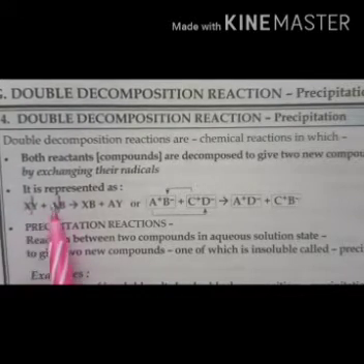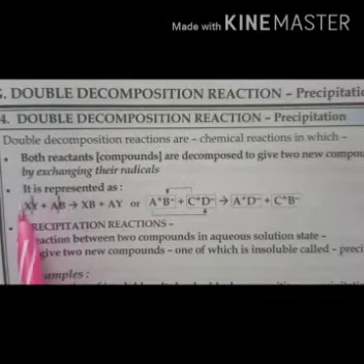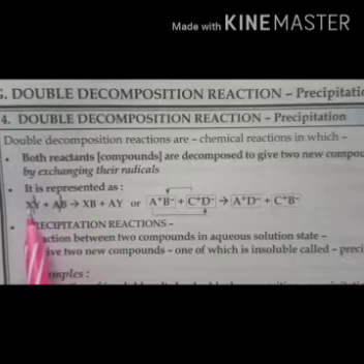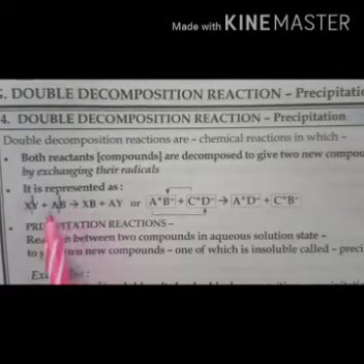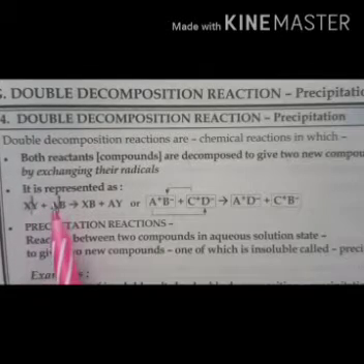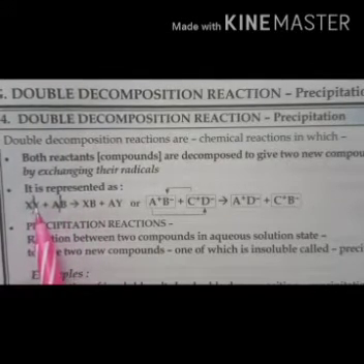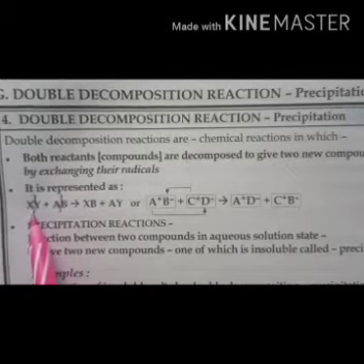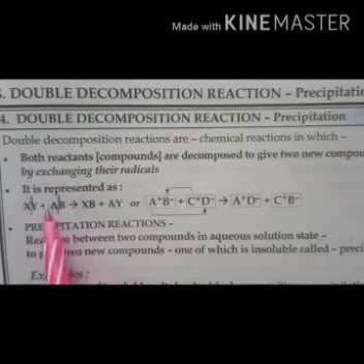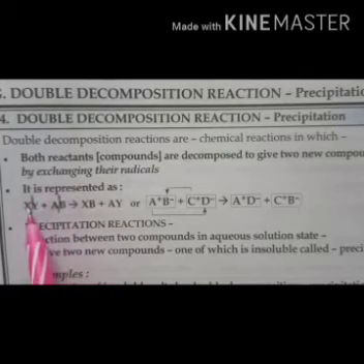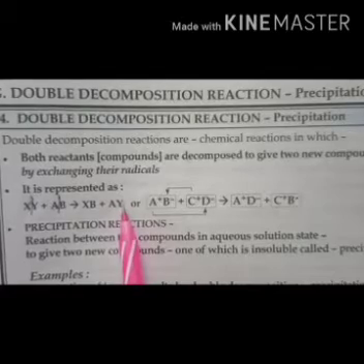Means X comes in place of A, and A comes in place of X. So what is formed? XB is one product, and the second is AY. X comes in place of A, so XB forms, and A comes in place of X, so AY is the other product formed by exchanging their radicals.